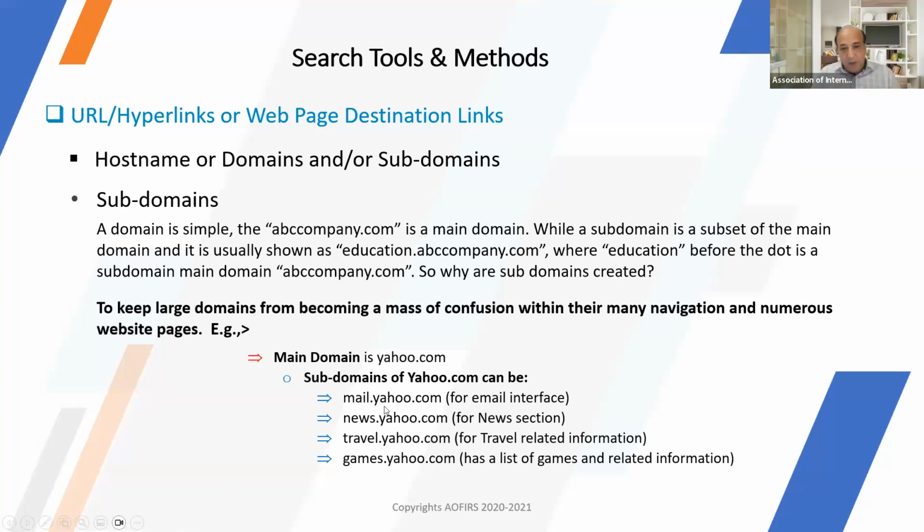So the way in which subdomains are set is a rule that should not be broken, meaning that anything that is divided into a subdomain should start with the naming convention of how you would want that subdomain to be named. If it has to do with emailing, it would be mail.yahoo.com and not yahoo.mail.com.